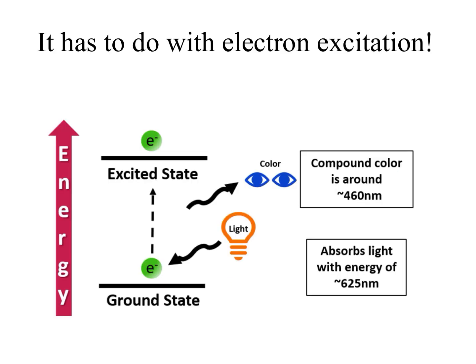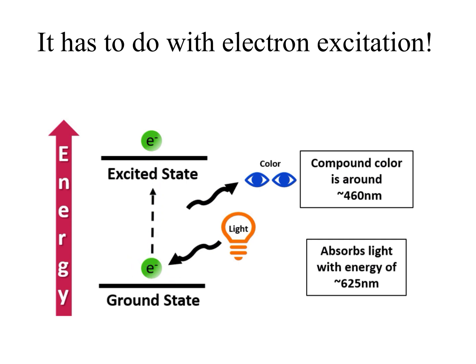So remember, the electrons are outside of the nucleus. And one of the things that can happen is when these metals are exposed to light, the light is absorbed by the metal complex and it can excite the electrons. So the electrons, when they're in their normal state, they're in their ground state.